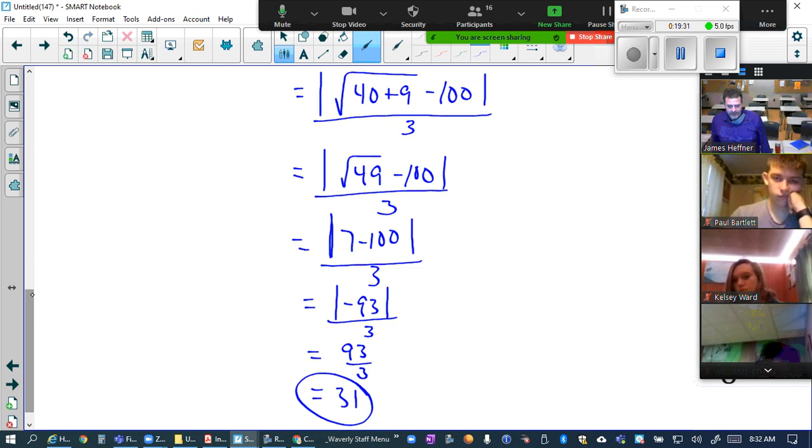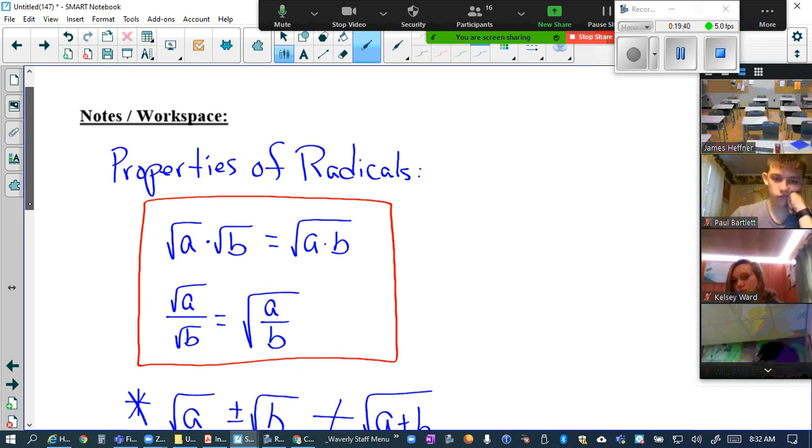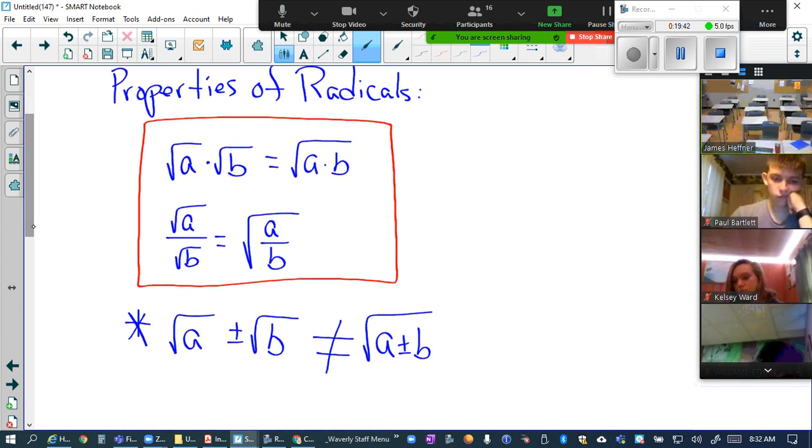So does anyone have any questions on working with these square roots? Okay? Make sure you know these properties over here on this page. Know that you can split up and combine square roots with multiplication or division, but not with addition or subtraction, okay? Just please make sure you understand that.